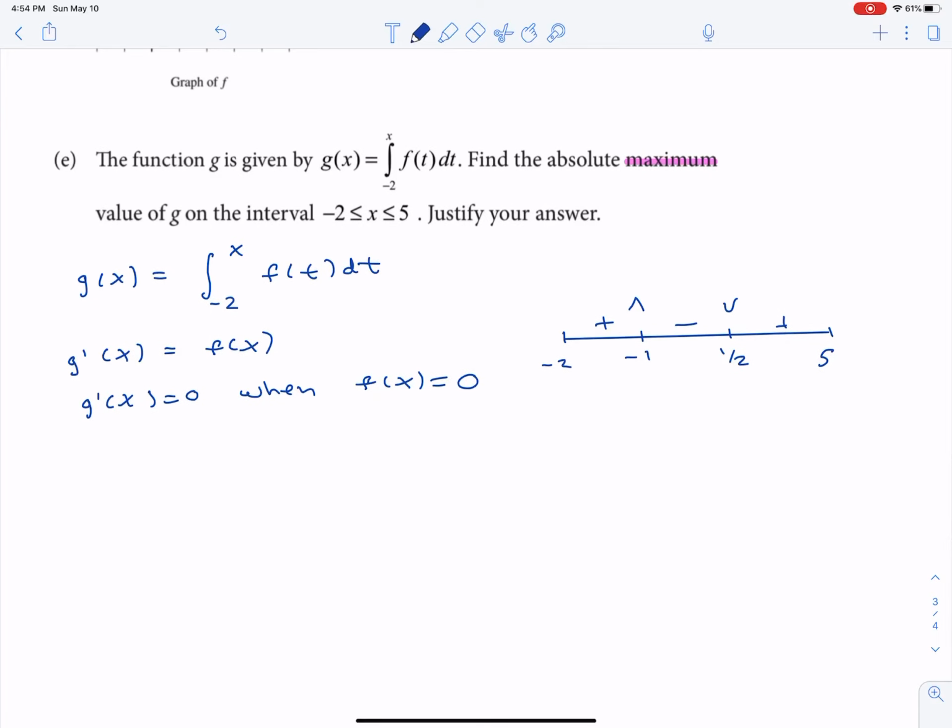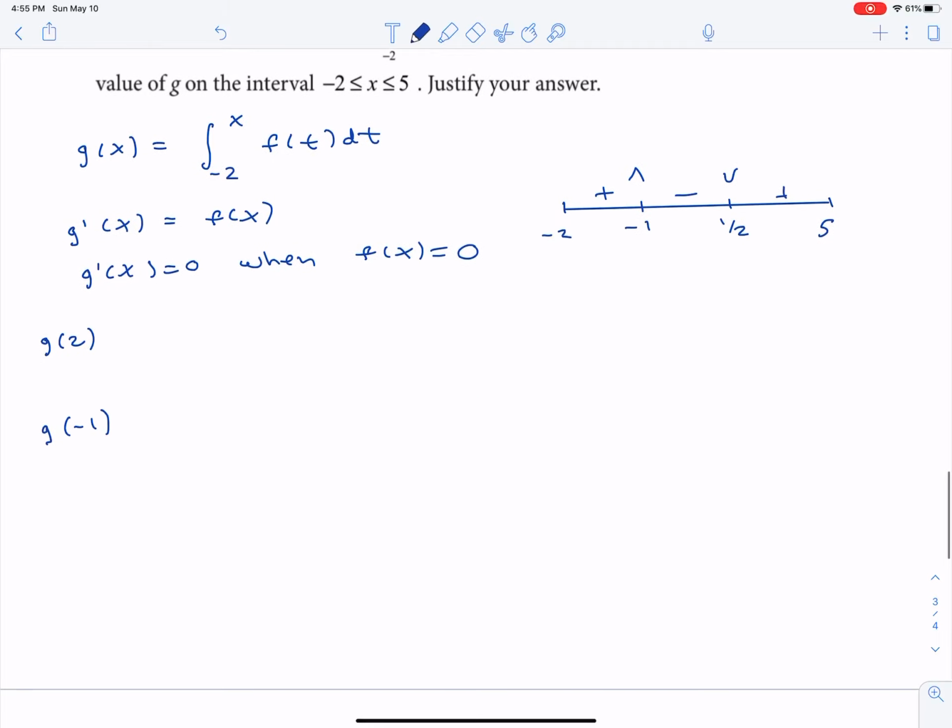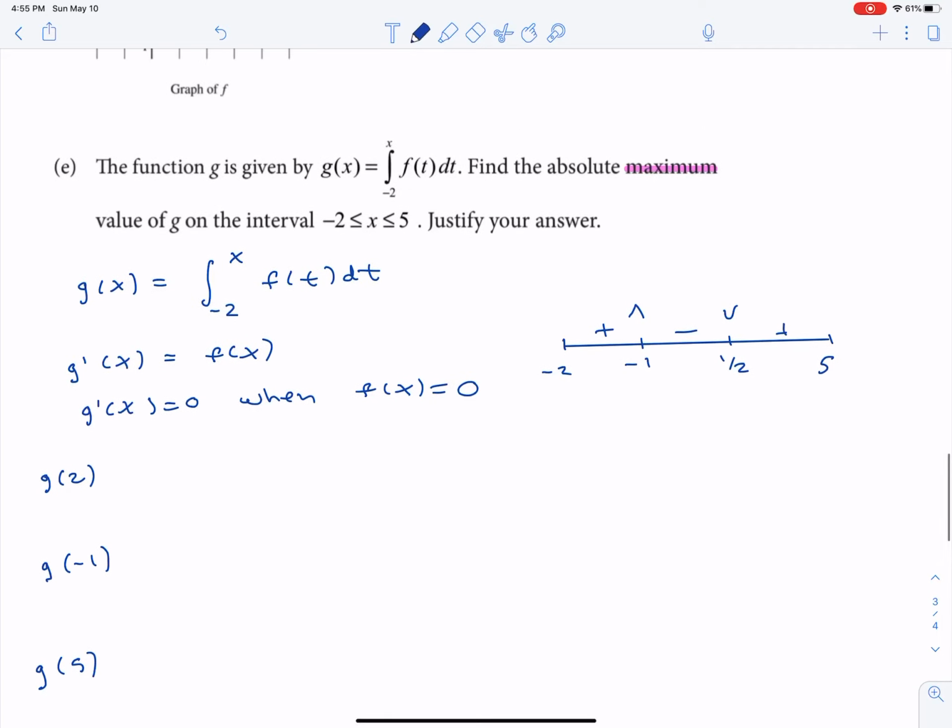So what I'm going to do is evaluate g of -2, right? I'm also going to be evaluating g of -1 because that's a maximum. And then finally, I'm going to be evaluating g of 5 because that's another one of my endpoints. Okay, so g of -2.